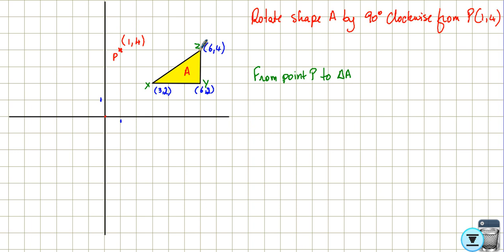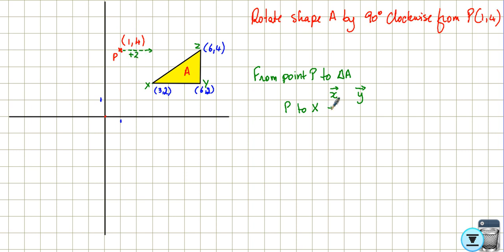Okay? So, from point P to point X, I need to do the following. I need to follow an X and the Y coordinate. So from point P to point X, I need to add 2 on the x-axis.